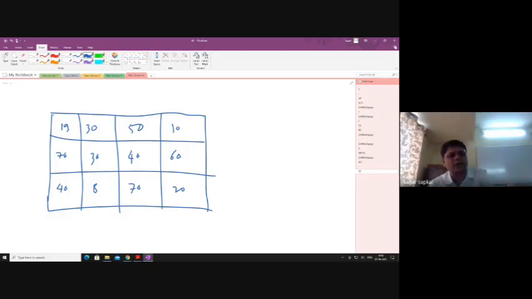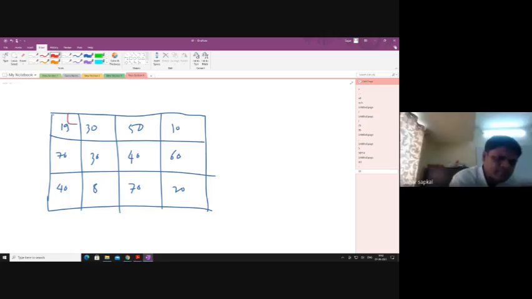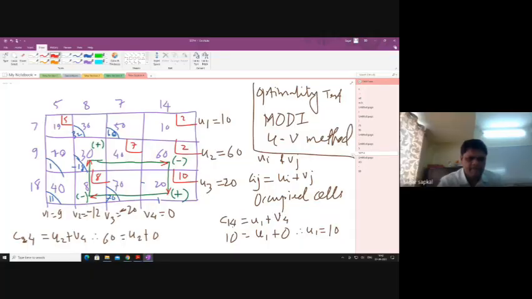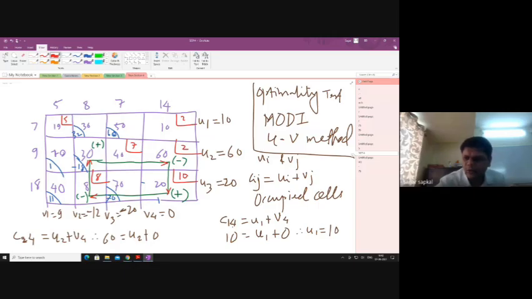Okay, now tell me the occupied cells which are not on the closed loop and tell me those values as they are. 19, 10, these are not on the loop. Then 40 is also not on the loop. 7, 5, 2.